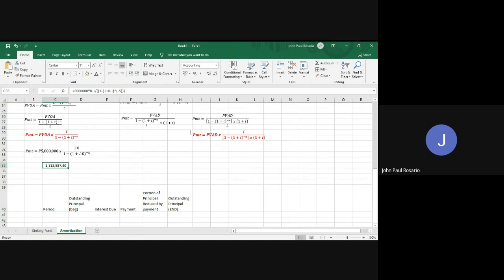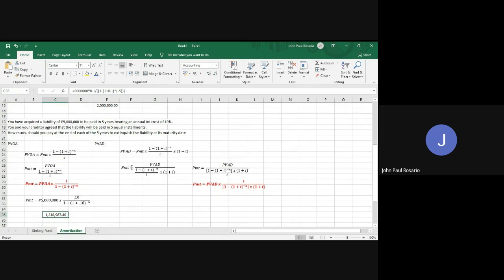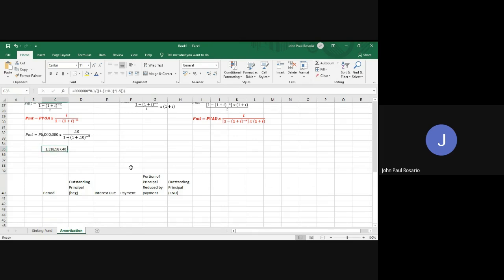Now, what if instead of the end of each year, the payments will be made at the beginning of each year? We'll just have to copy this formula and simply add a bracket here, and then multiply by 1 plus 0.10.